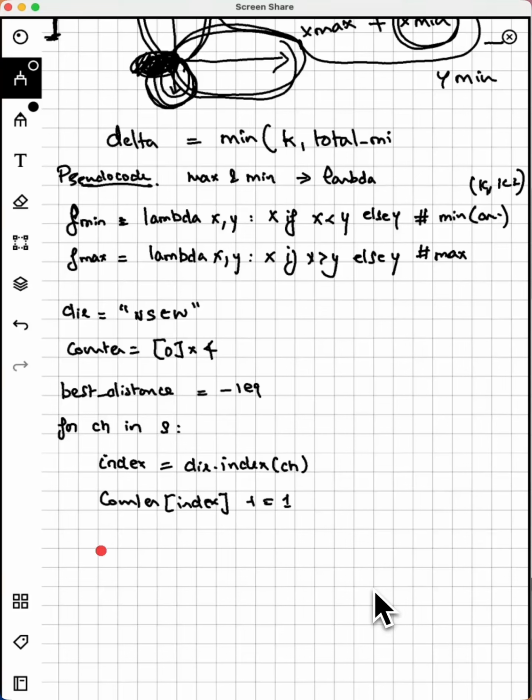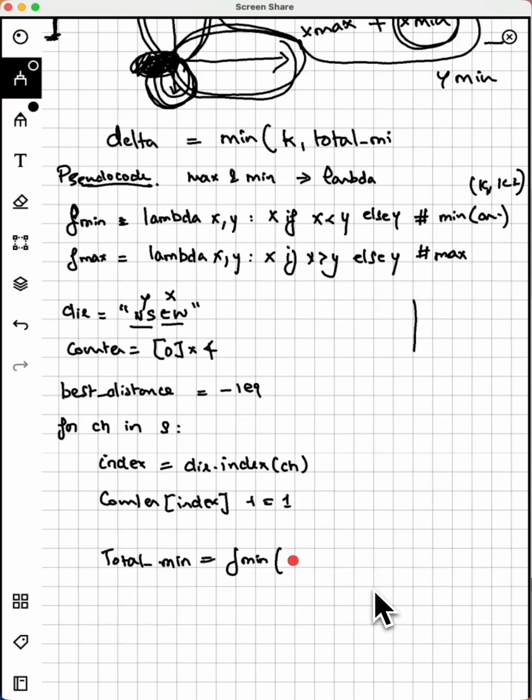So let's start with finding the total min and total max. Total min is nothing but f min in the two directions taken separately. If we look at the directions, we have north south first, which is the y direction, and then we have the x direction.